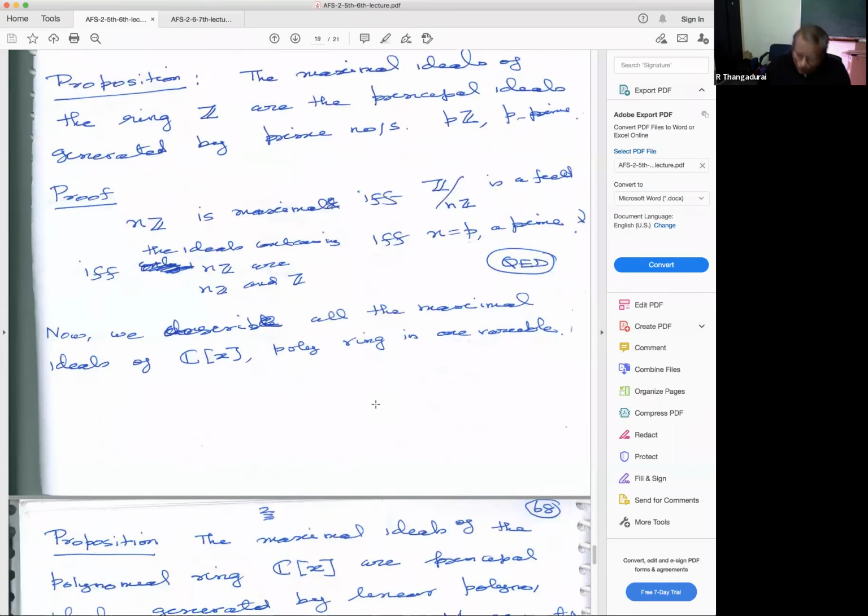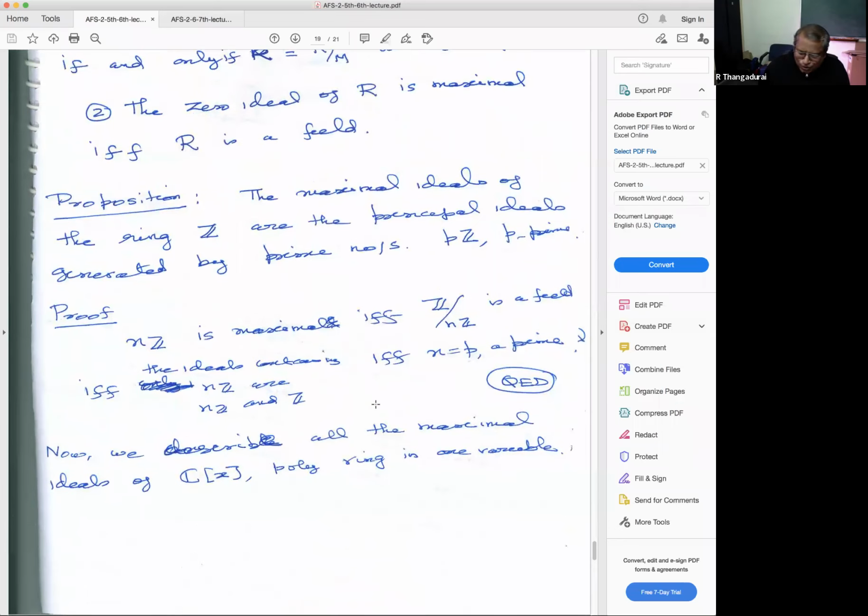Now again we are entering the polynomial ring where the coefficients are coming from complex numbers, C[x]. We want to describe all the maximal ideals of the polynomial ring in one variable first over complex numbers.